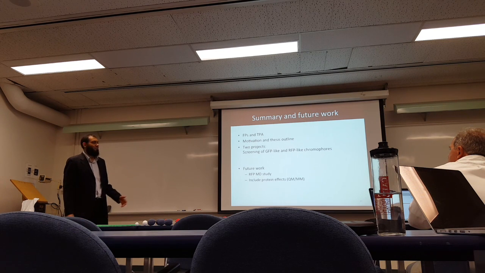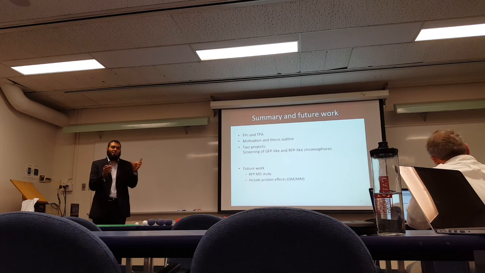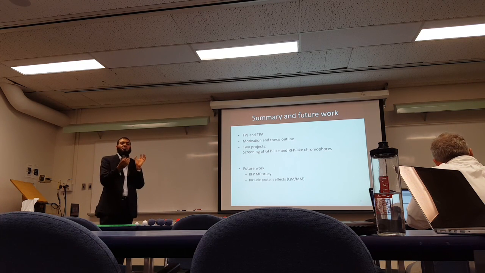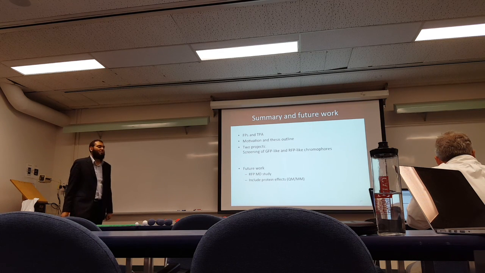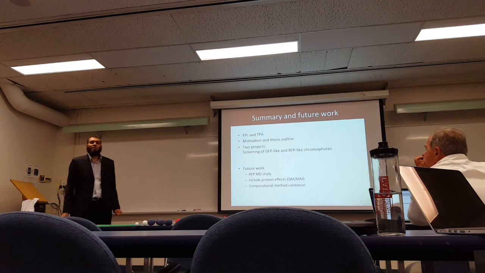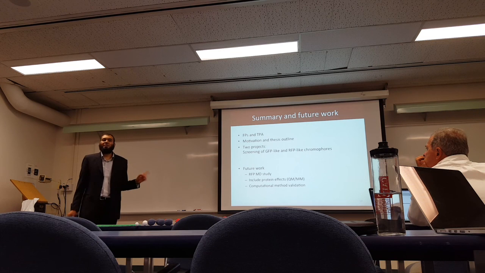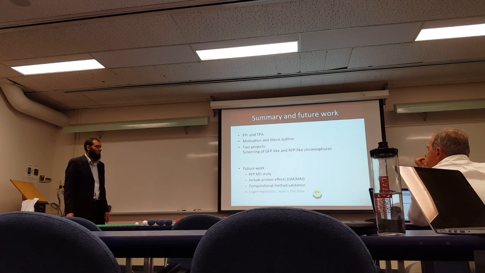This can be done with a bigger chunk of the chromophore, not only the part I was using, but the chromophore and some surrounding residues, or even the whole protein, but in a mixed hybrid QM-MM fashion. And we need to validate our method a little bit more, to have better trust and better faith in our absolute values, and we're actually working on this now.